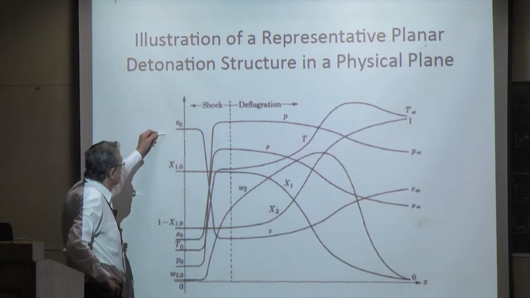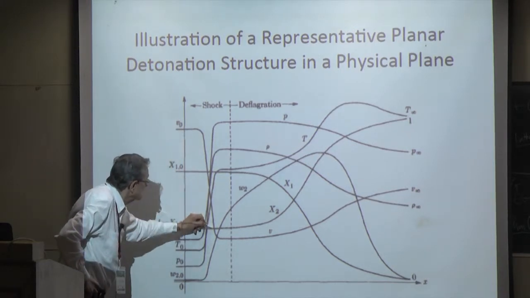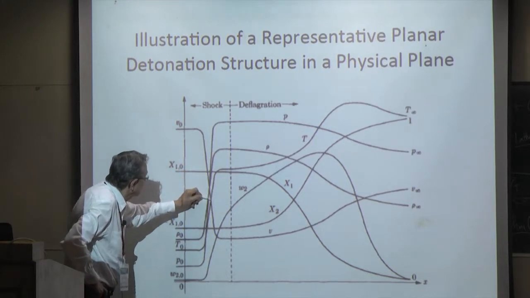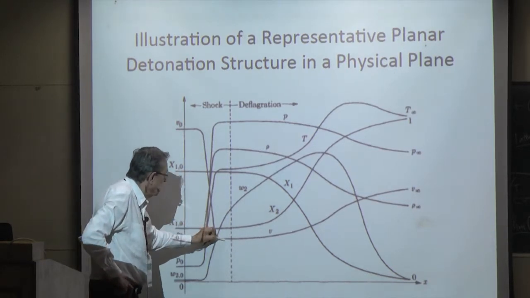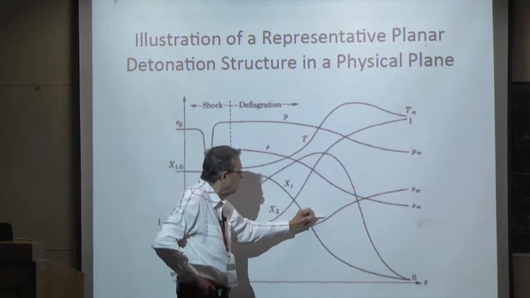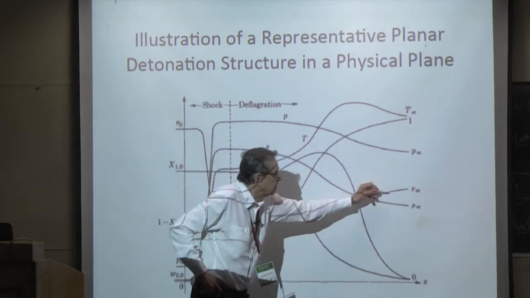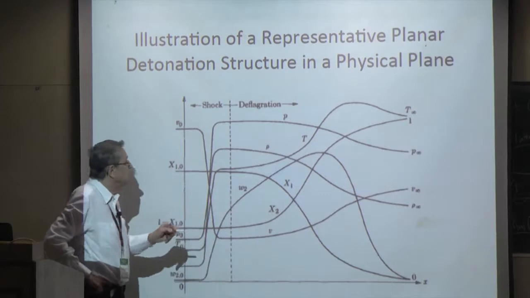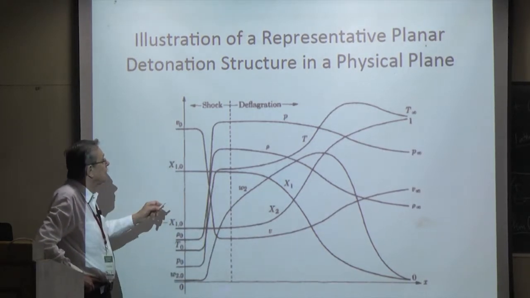The velocity decreases across the lead shock, and then as heat release takes place, the velocity increases a little bit, but the final velocity in the detonation is always less than the initial velocity.